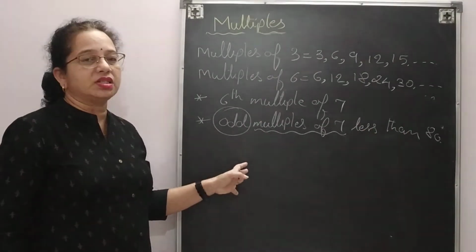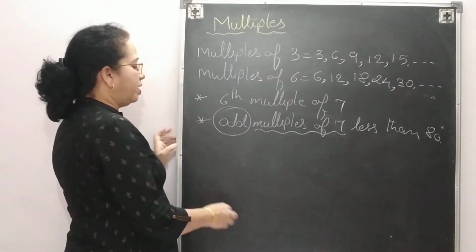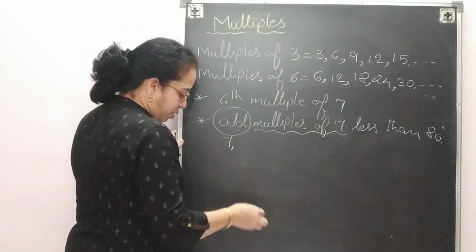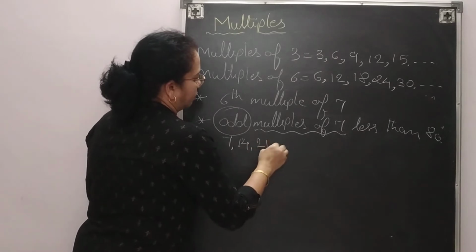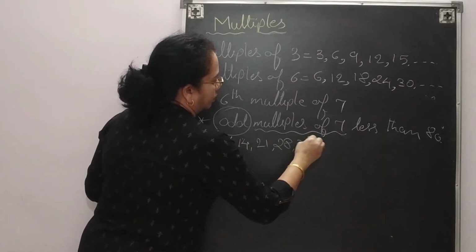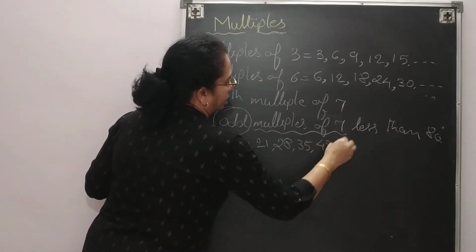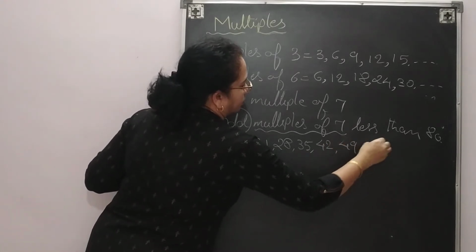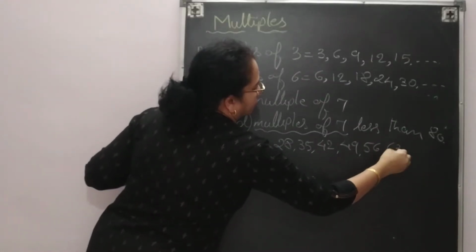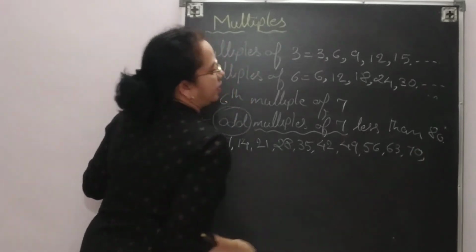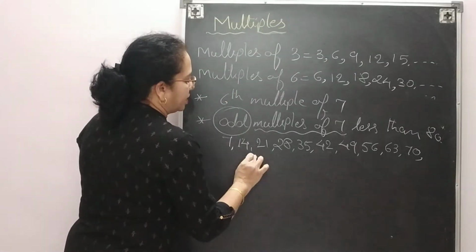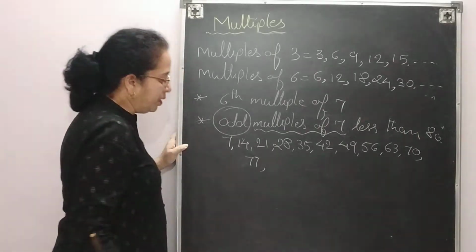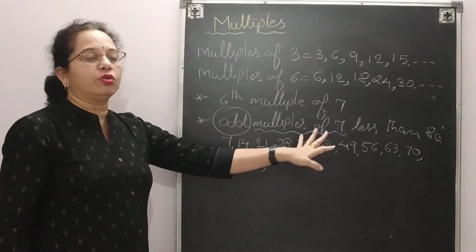You can write down this answer directly, or if you have any confusion, first you can write down the table. Till 10 we have written, then we can start with 11, 11 7s are 77. Okay. Since less than 80, we will not go further.